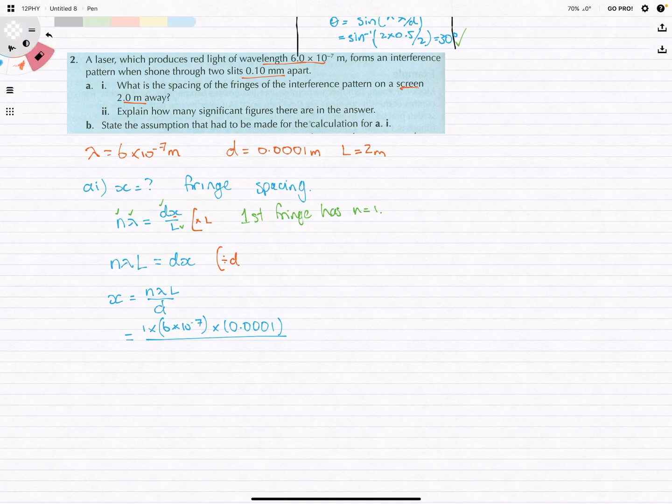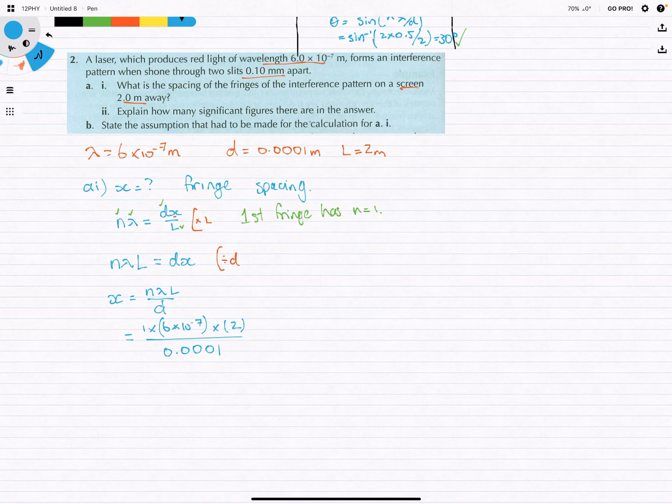Wrong value, sorry. n lambda L, where L is the distance from the screen and source, which is 2 meters, divided by d, 0.0001.